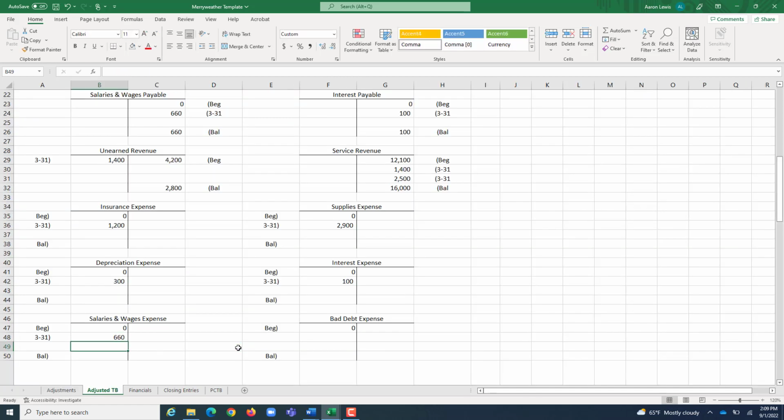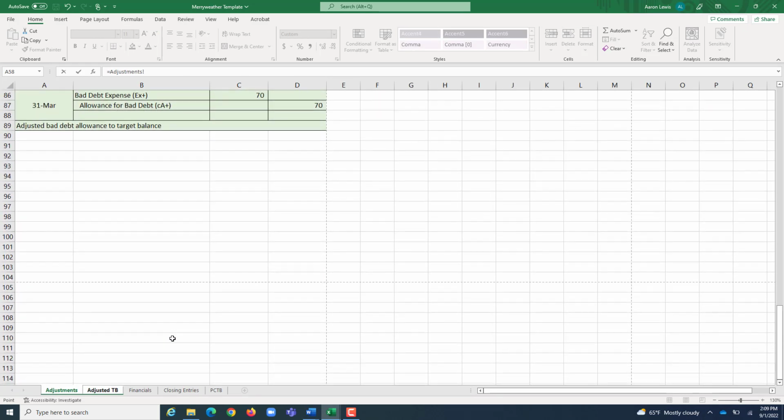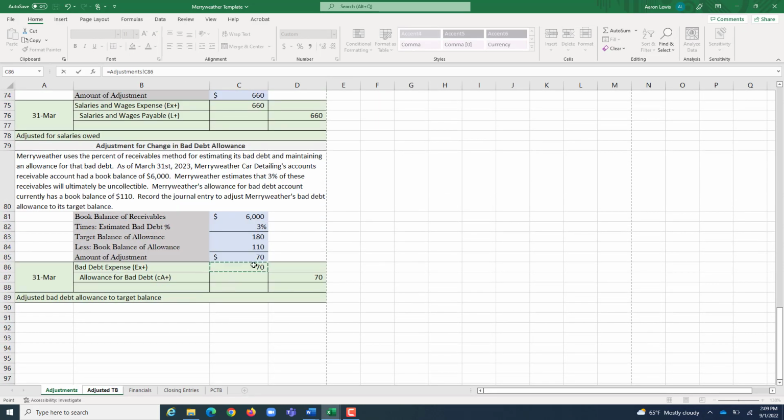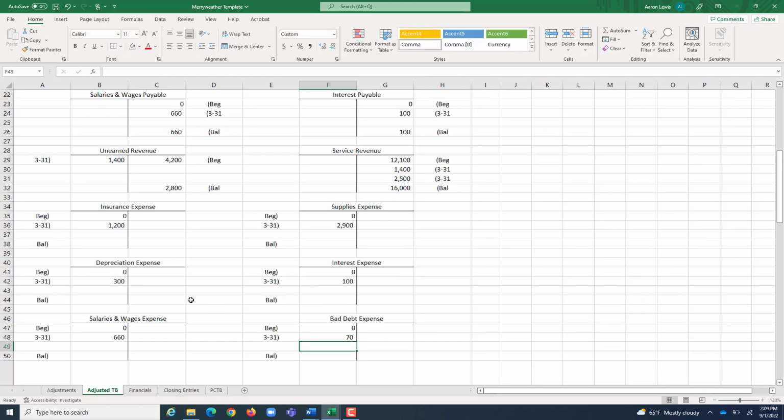It was a debit. Let's bring that debit on over. And for bad debt expense on 3/31, we debited that account in the very last adjustment for $70 to increase our allowance from its current balance to its target balance. So let's bring that $70 debit over.